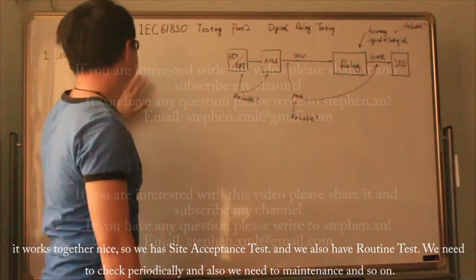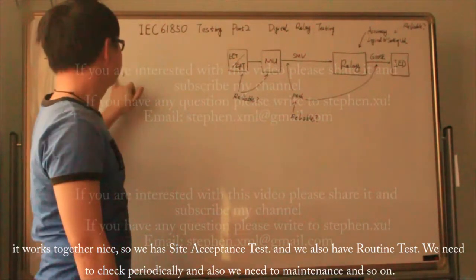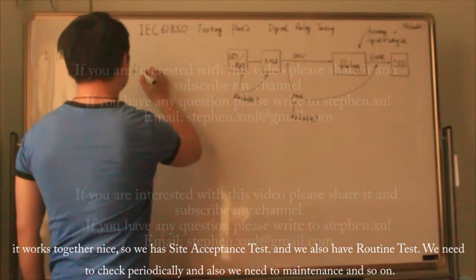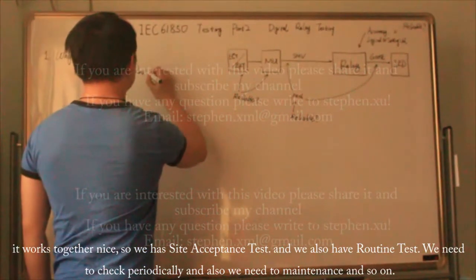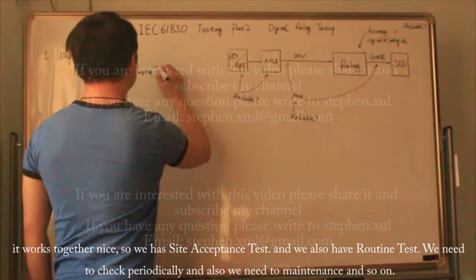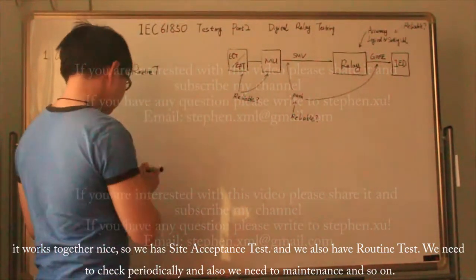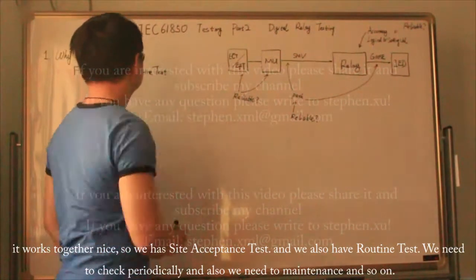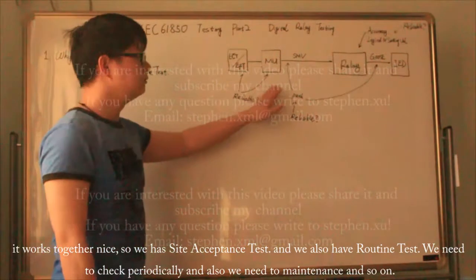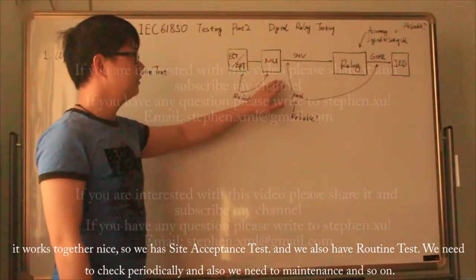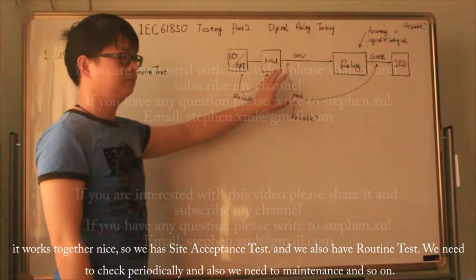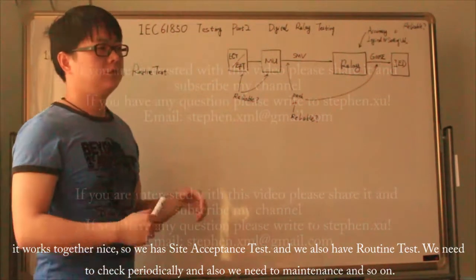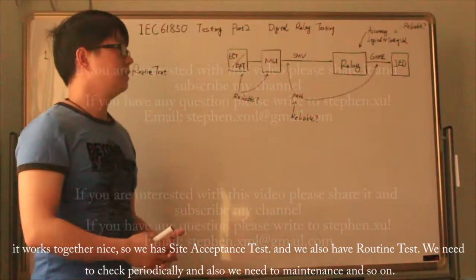So we have the site acceptance test, and then we also have the routine test. We need to check periodically, and also do maintenance and so on.